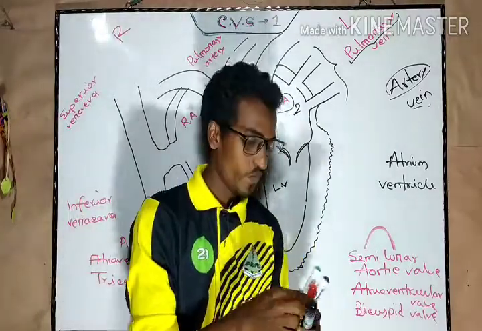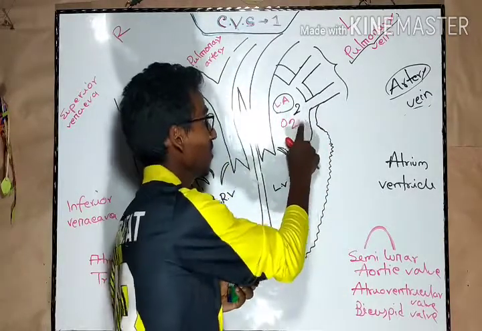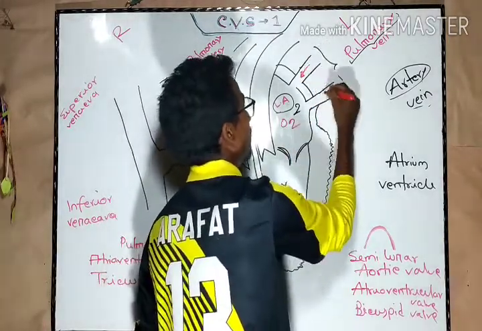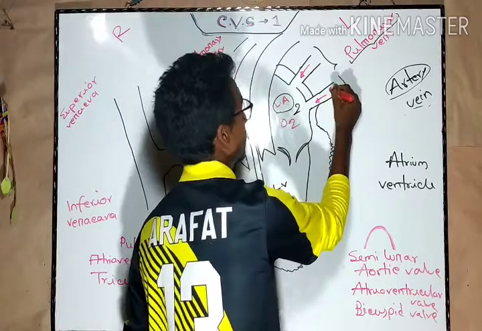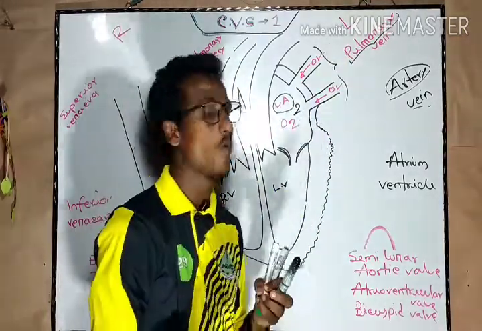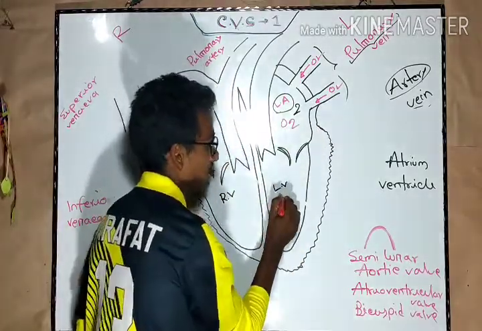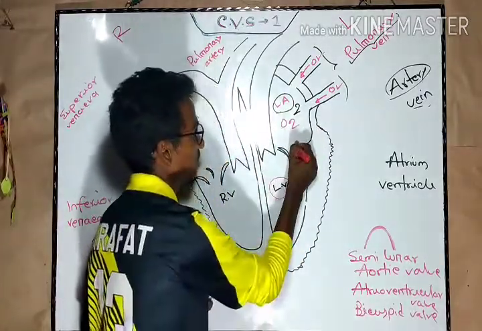Now, here the chamber of oxygenated blood. Now, the oxygenated blood from the left atrium comes to the left ventricle through this bicuspid valve.